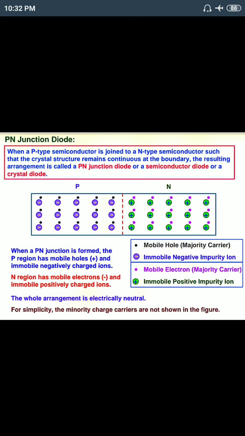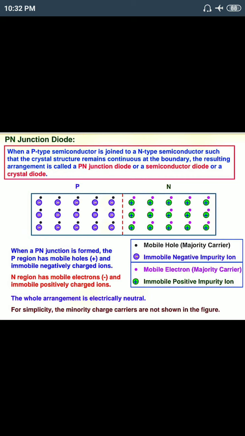In this figure you see that in the p-type semiconductor, the purple color negative is the immobile negative impurity atom, and the black dot is a mobile hole. Mobile means they will move, p to n, n to p. That's why mobile charges means those can move from one place to another place.